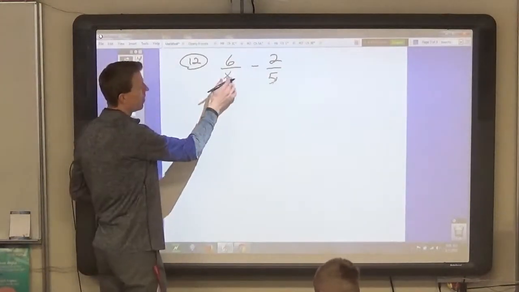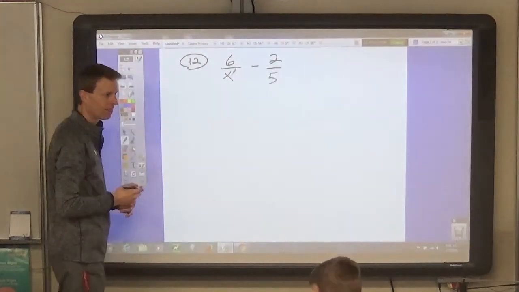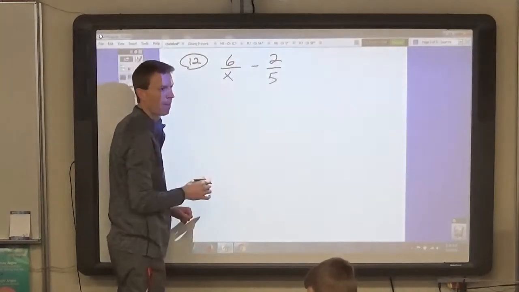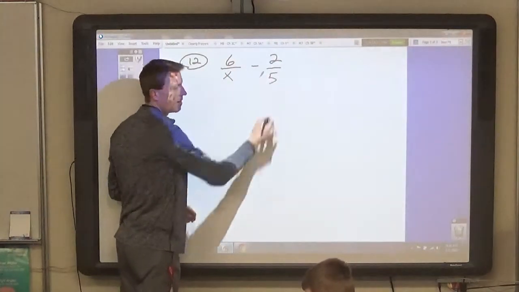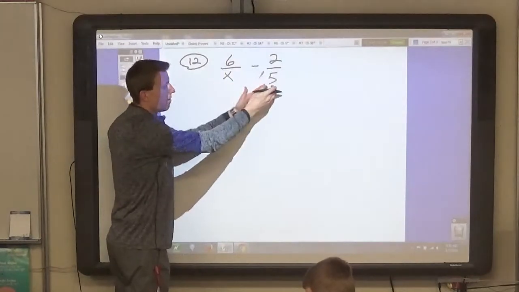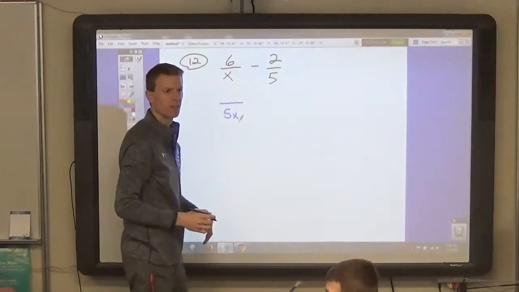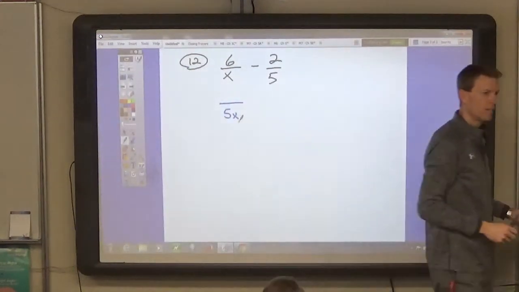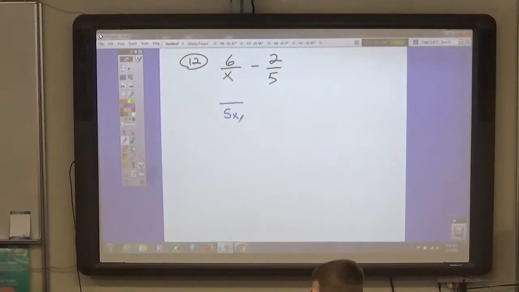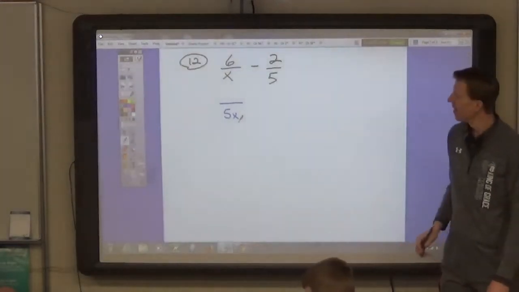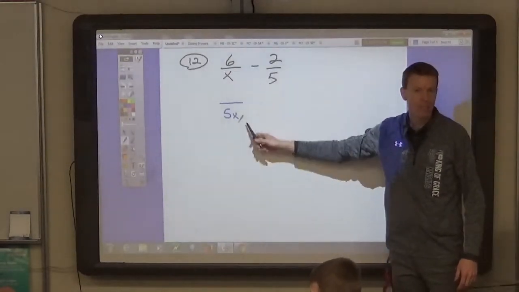Now, how do we get x to 5x? Luke? So this denominator is the same as this denominator. We have to make both of these 5x. How would we get x to 5x?